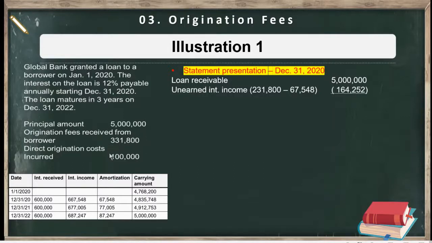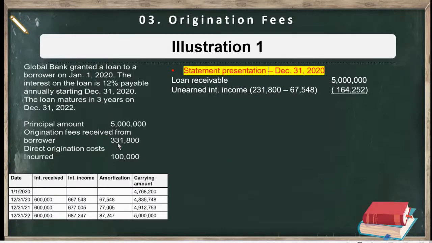And then the direct origination cost ng 100. So kung paano mo ang iyang net difference, that would be net of negative 231,800. That's why kaning unearned interest income diri is a deduction. Kay mas labaw maning negative ani kumpara ani nga positive.